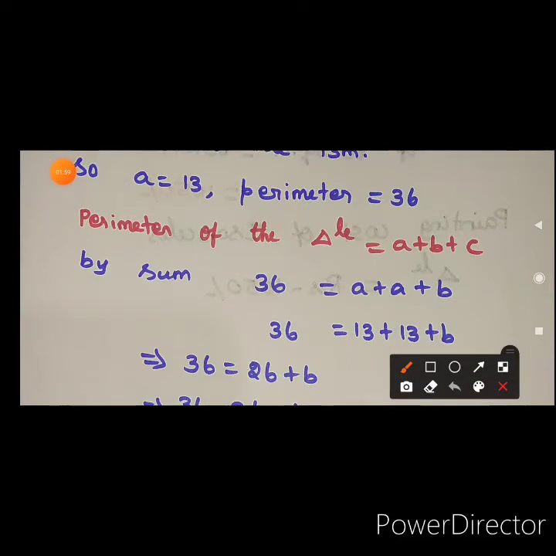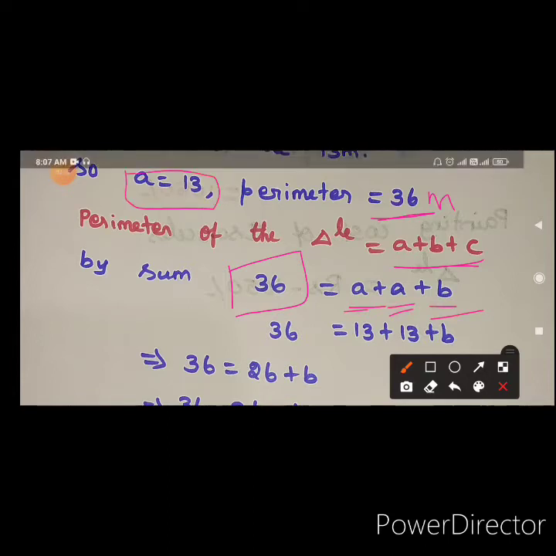Perimeter is 36 meter. Perimeter of the triangle, we know the formula, A plus B plus C. By the sum, perimeter is 36 meter. Here it is an isosceles triangle, so A plus two sides are equal, A plus A is equal to 13.